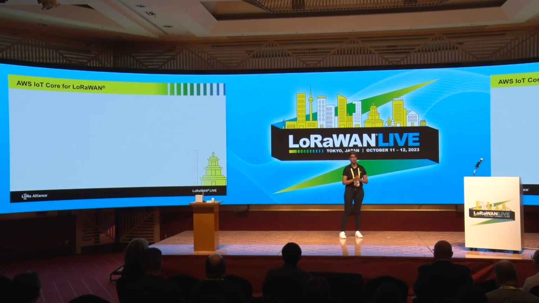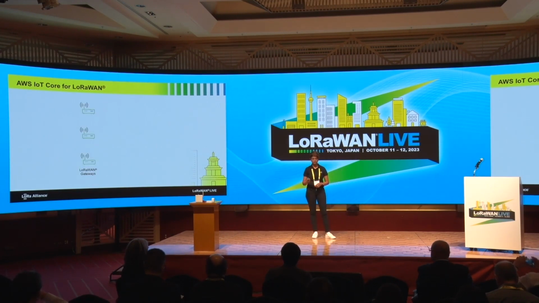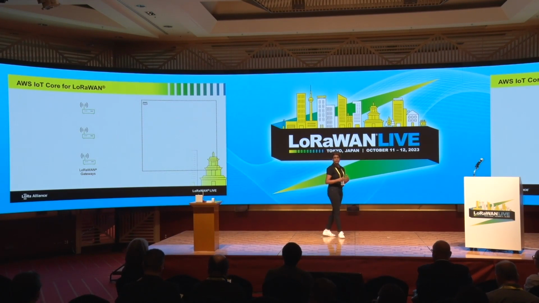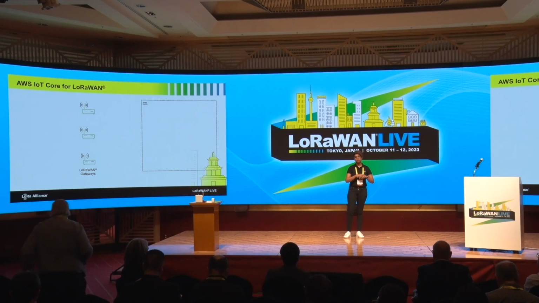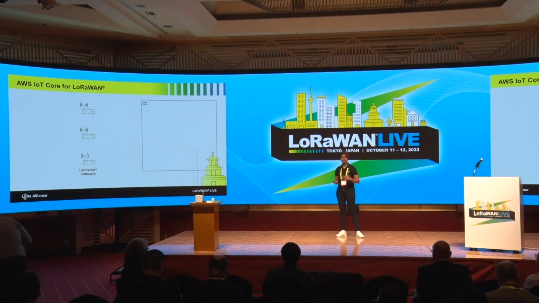So let's look at how you make the connection between the devices and AWS IoT Core for LoRaWAN, the LoRaWAN network server. So you have the LoRaWAN gateways, and then you have AWS infrastructure. When I mention AWS infrastructure, it's basically the data centers that we have globally across different regions. When I mention a region, it's a location.